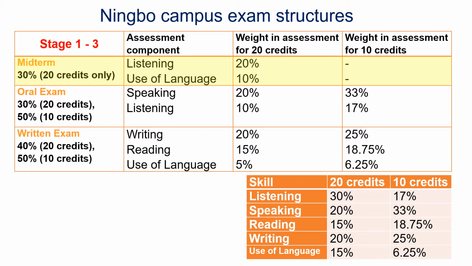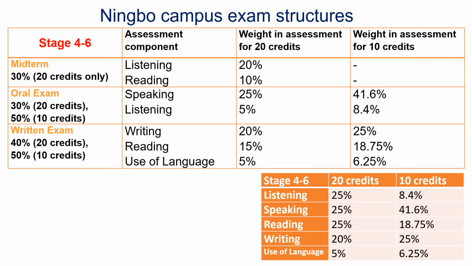And for the midterm exam, listening and use of language are assessed. Then at the end of the semester, oral exam and written exams are conducted for both cohorts. So it's interesting to see that listening is actually embedded as a part of the oral exam to give a weighting for 10 credit module students.